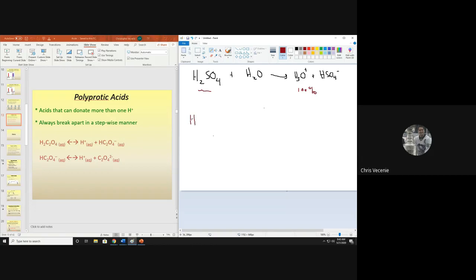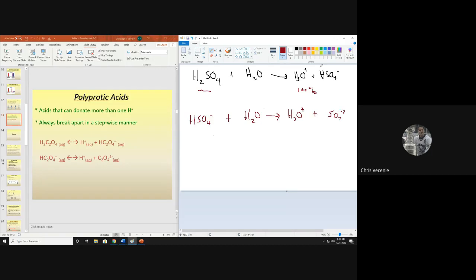That leaves behind the HSO4 negative to see another water. It will give its H away, making H3O plus, and it leaves behind the SO4 negative 2.